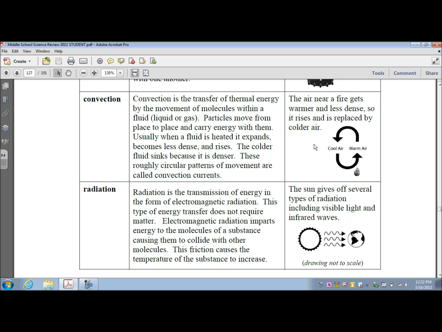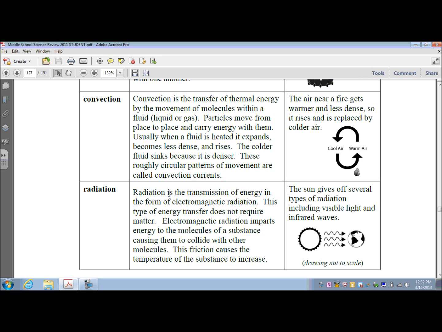Example: the air near a fire gets warmer and less dense, so it rises and is replaced by cold air. So in this picture, here's the fire. The warm air is going to rise until it cools. Once it cools, it's going to sink again in this circular pattern.